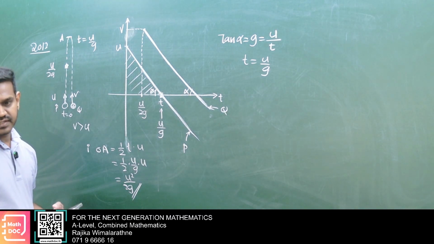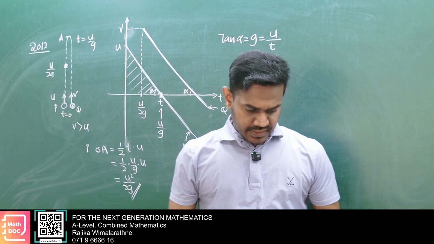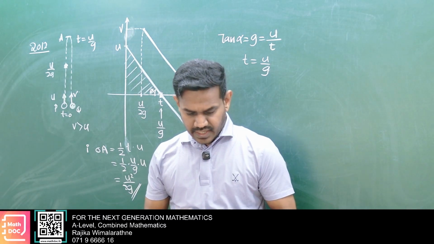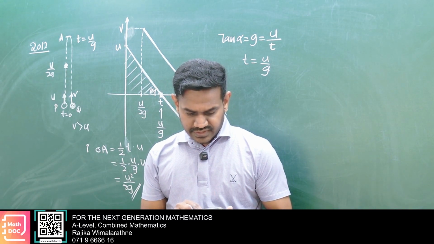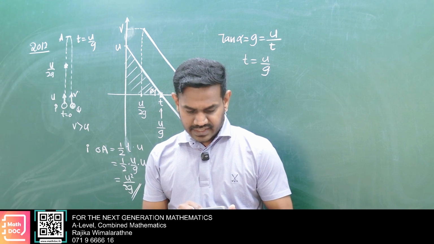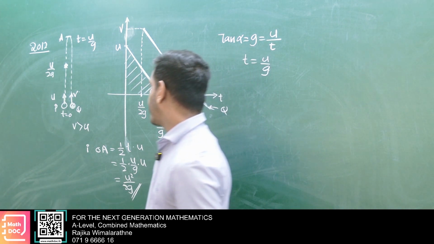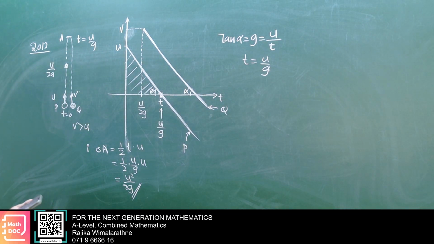That is the maximum height. Again, we have to show that v equals 5 over 4 u and the velocity of the particle Q at the point A is 3 over 4. Do up to that.